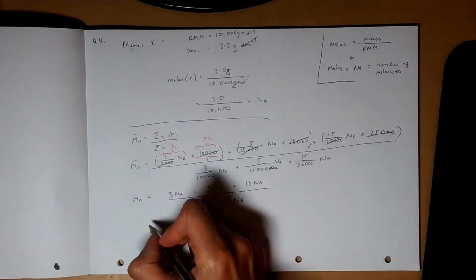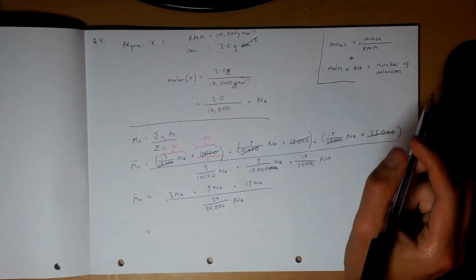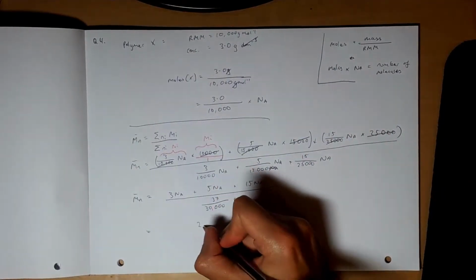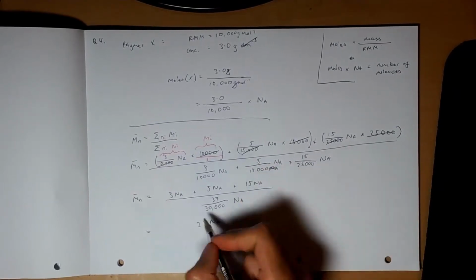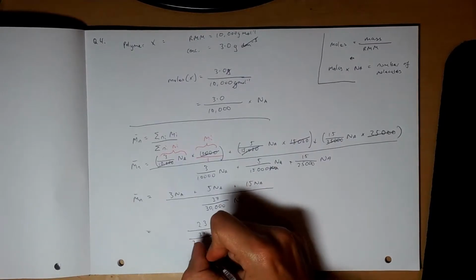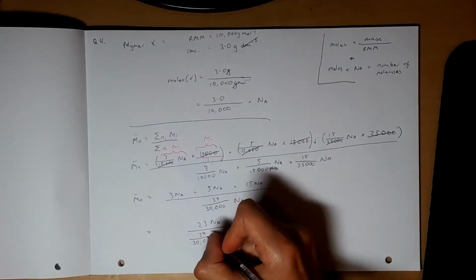So if we move on, we see that this is 23 Na over 37 over 30,000 Na.